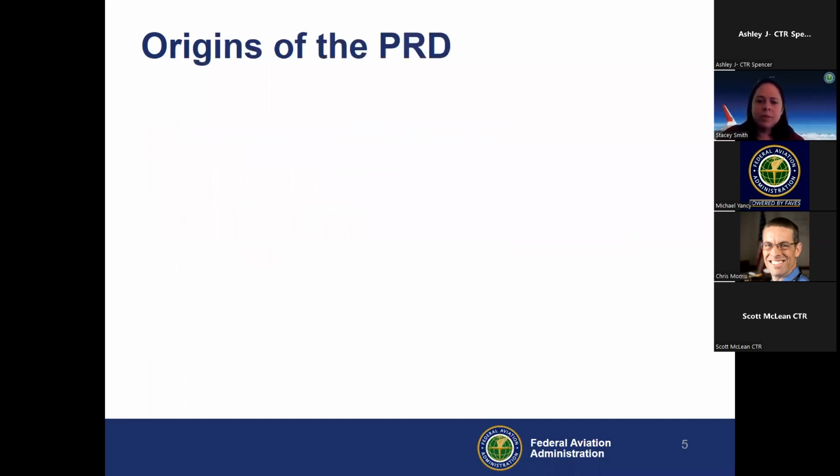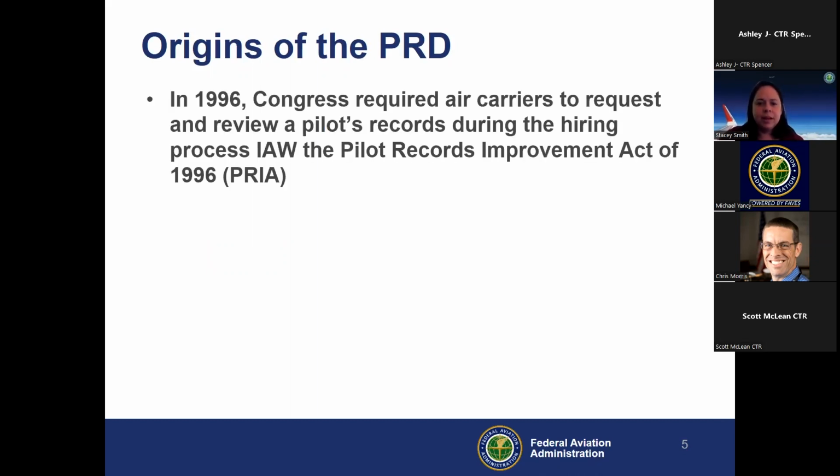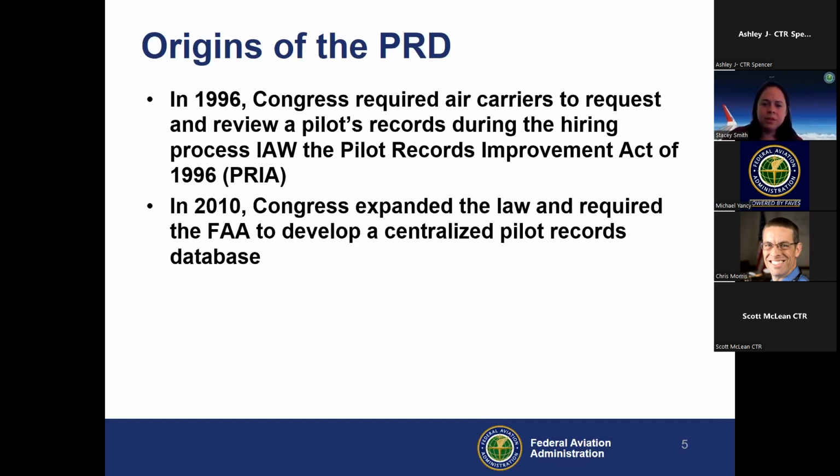So we'll get started with how we got here today with the PRD. In 1996, Congress enacted the Pilot Records Improvement Act in response to some air carrier accidents and recommendations from the NTSB. Later, the Airline Safety and Federal Aviation Administration Extension Act of 2010 was passed by Congress. This required the creation of an electronic database to contain pilot records, today known as the Pilot Record Database.